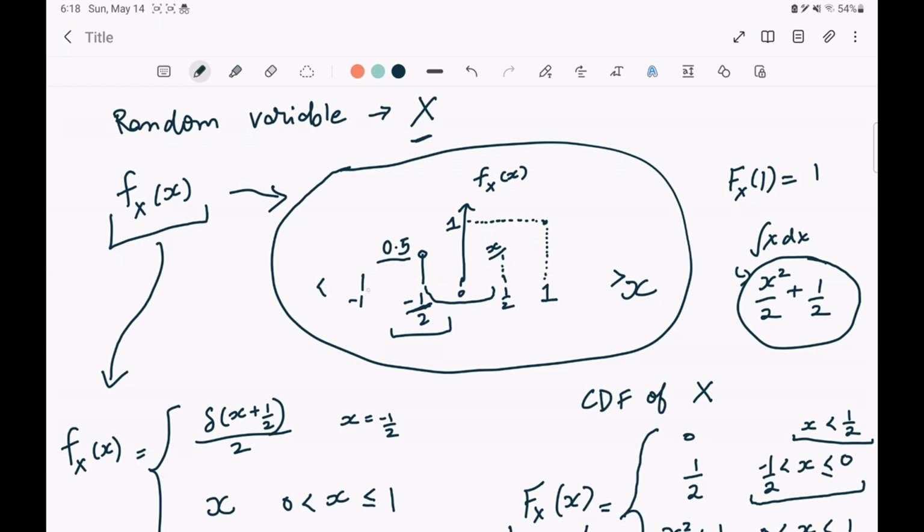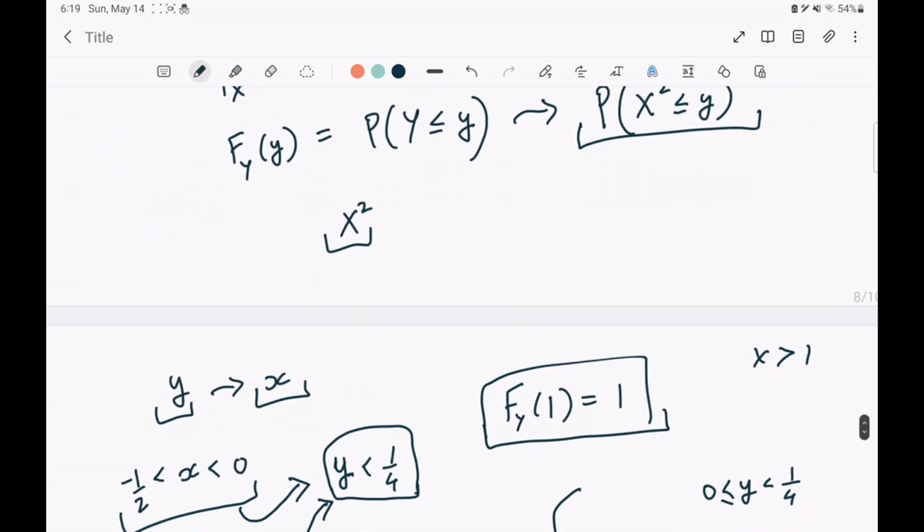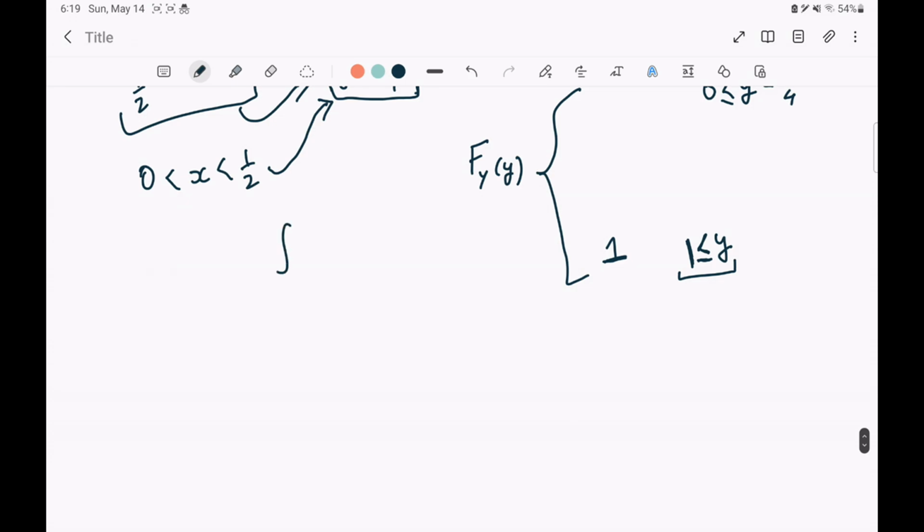So we compute the CDF of x in a different manner now. We compute the integral of x dx from 0 to k, where k is always less than half. This comes out to be x square by 2 plus some constant c.